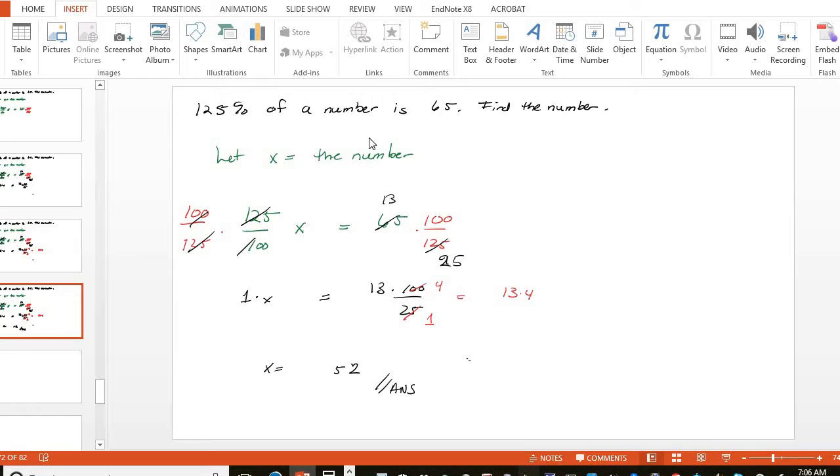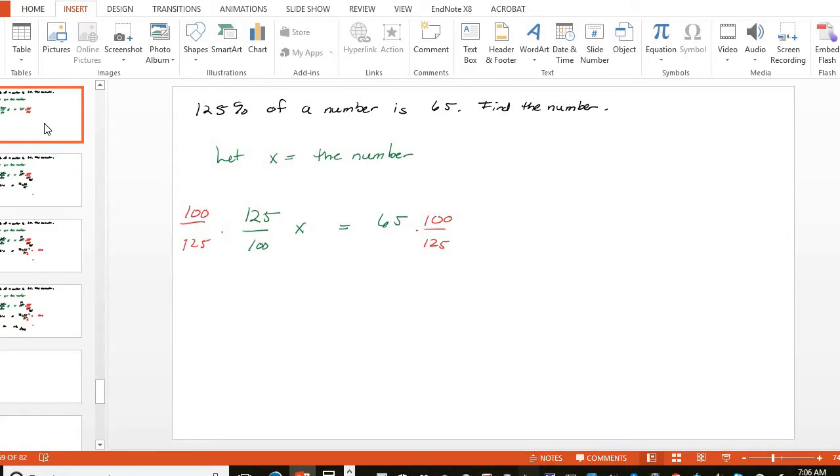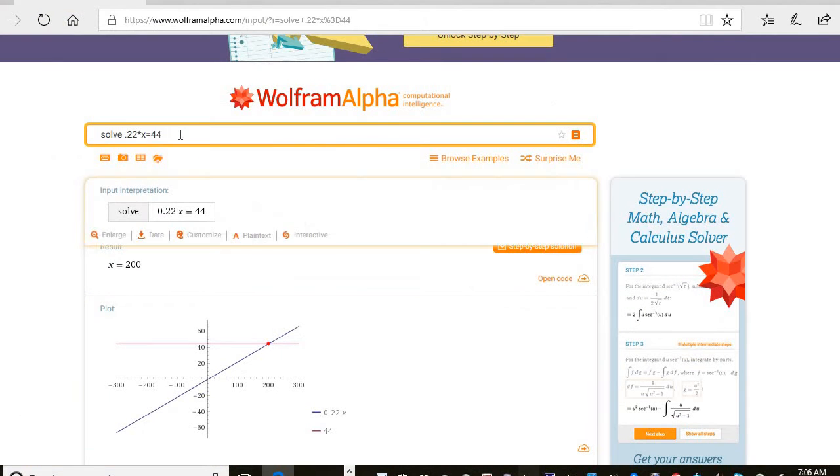But let's go over to Wolfram Alpha and just toss this puppy in. 125% of x is 65, and see what it says. 125%, I just move the decimal place over 2 spaces.